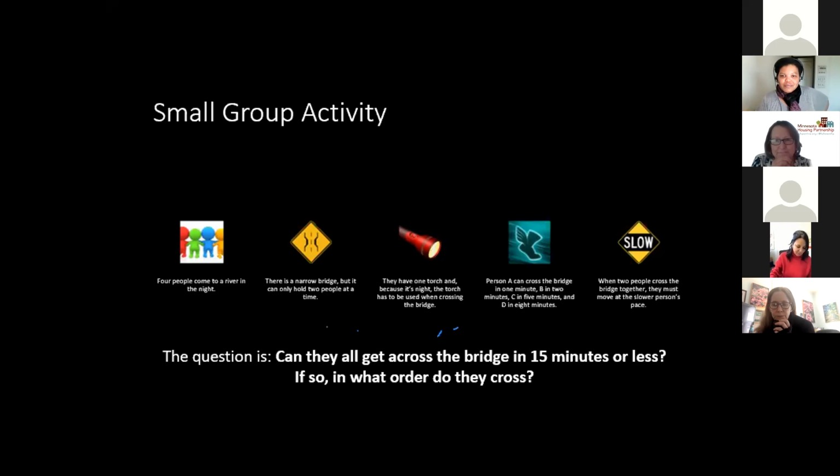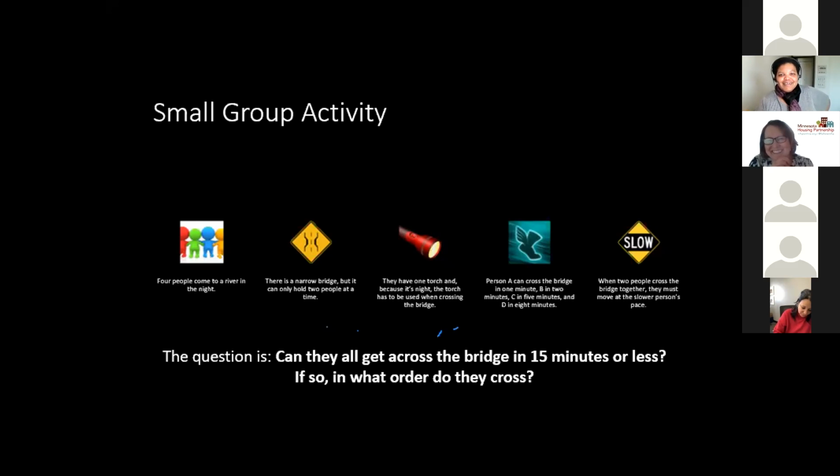We want to have them go halfway out and plant them in the middle of the bridge with a torch. And then the other ones cross one at a time while person D is using the torch. And then person D finishes the rest of the way. So person D is going to split their time and total 8 minutes. And then C crosses in 5 minutes, which is 13, B in 2.